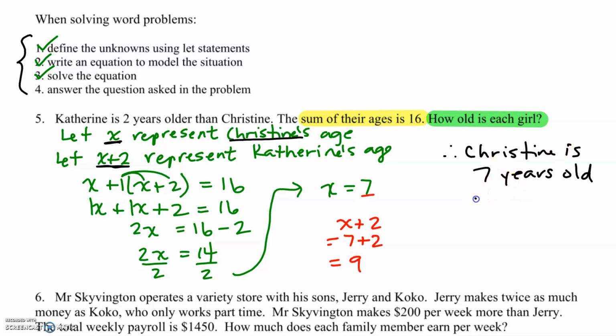So Christine is 7 years old, and Catherine is 9 years old. And I can go up and check to see, is this reasonable? I know that their 2 ages added up have to add to 16, and 7 plus 9 does add to 16. So I know I did the question right, and I answered the question asked in the problem. Okay, let's try the next one.